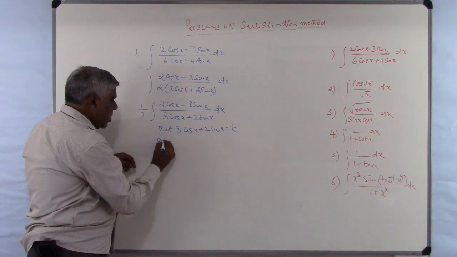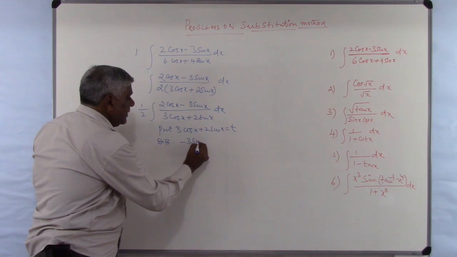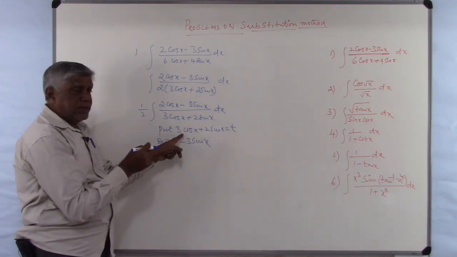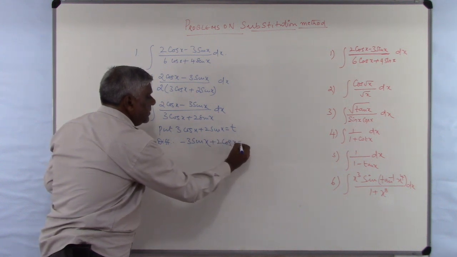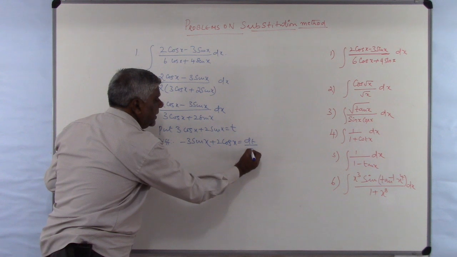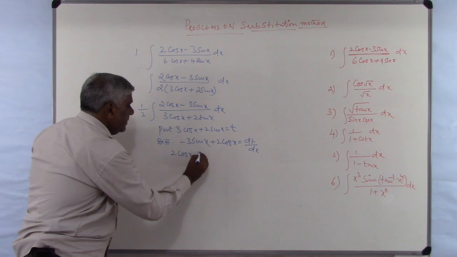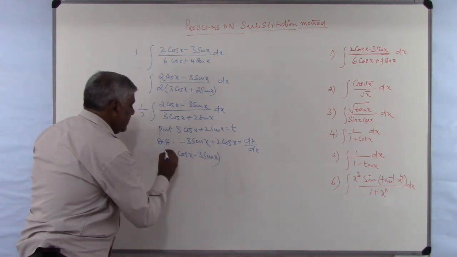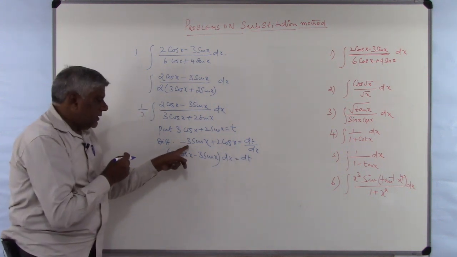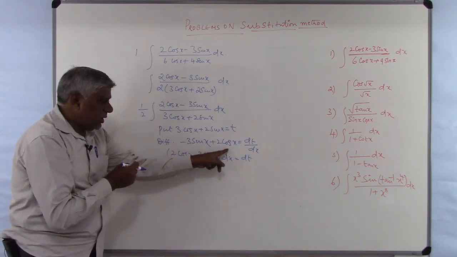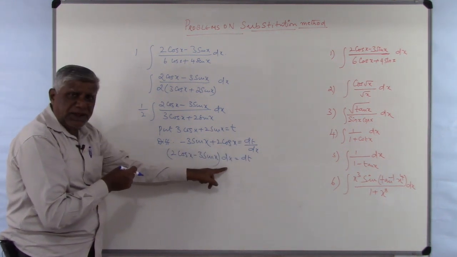Differentiating, this becomes minus 3 sin x plus 2 cos x is equal to dt by dx, or we will write like this: 2 cos x minus 3 sin x into dx is equal to dt.